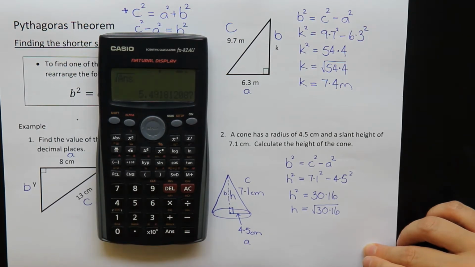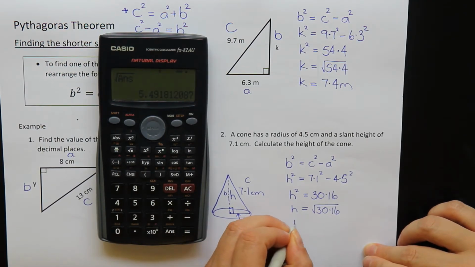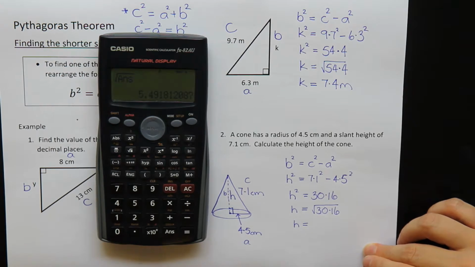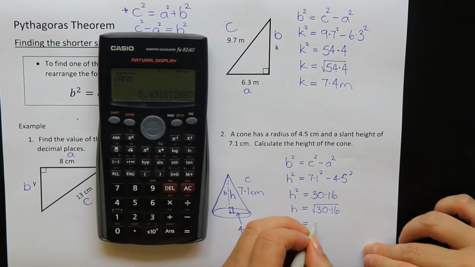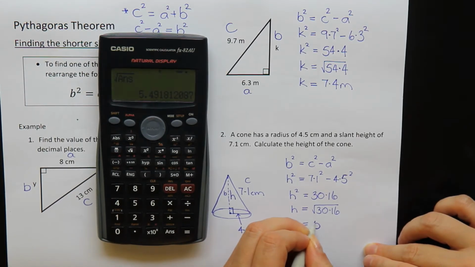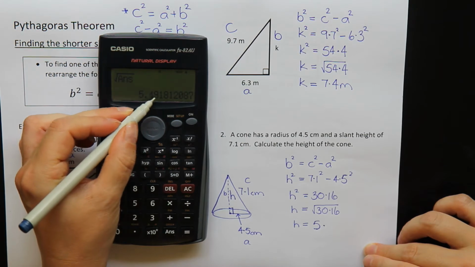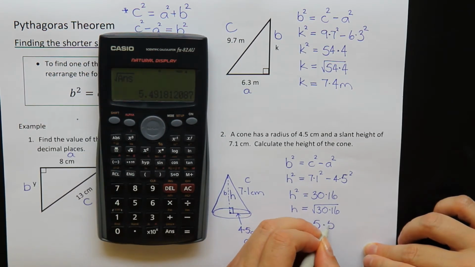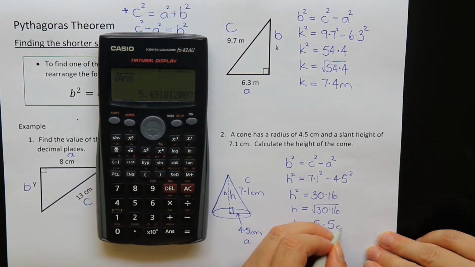It didn't say how many decimal places, so let's stick with 1 decimal place, as these were in 1 decimal place. So we have 5 point, it is a 4 here, so we want to round that up to be a 5 centimeters.